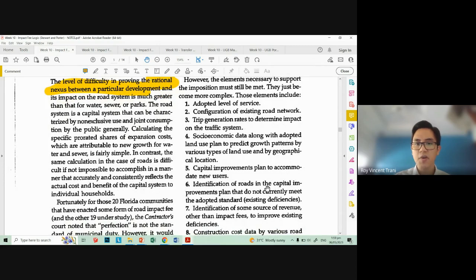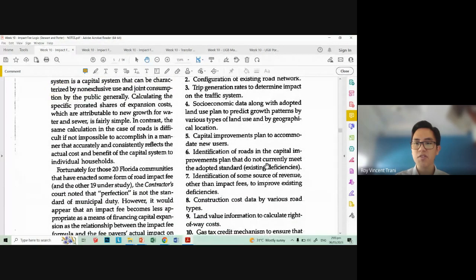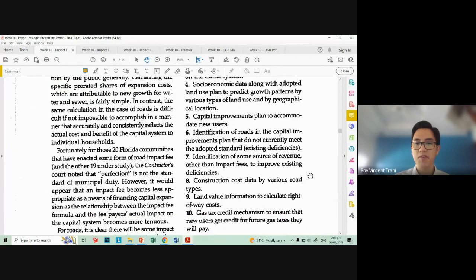Fourth, socioeconomic data along with the adopted land use plan to predict growth patterns by various types of land use and geographical location. Fifth, a capital improvements plan to accommodate the new users, and identification of roads in the capital improvements plan that do not currently meet the adopted standards. So, what are the existing deficiencies of the existing road?